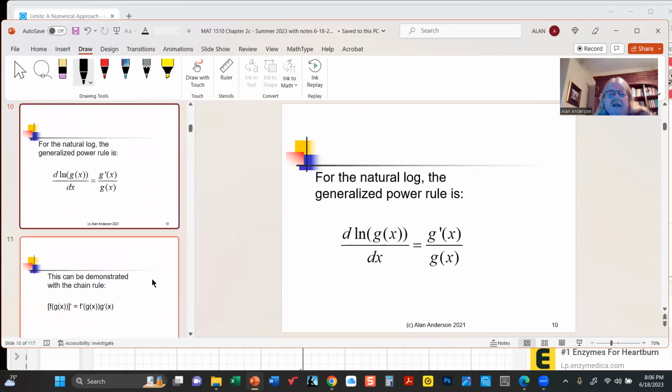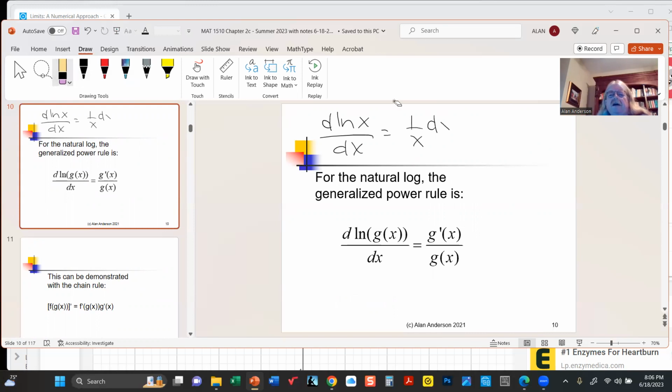All right. Now, just a minute ago, we saw that d log x dx is 1 over x. Now, what about functions of x? This is a very simple case.